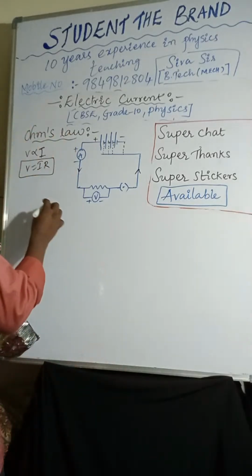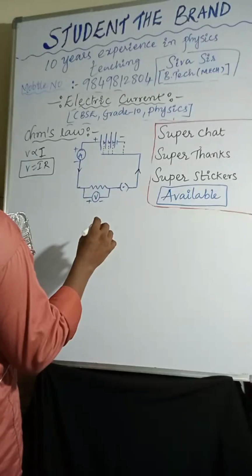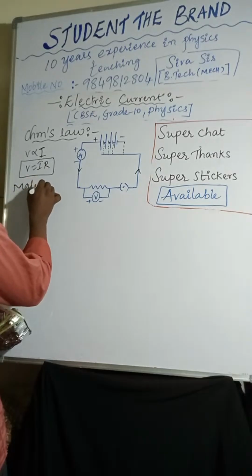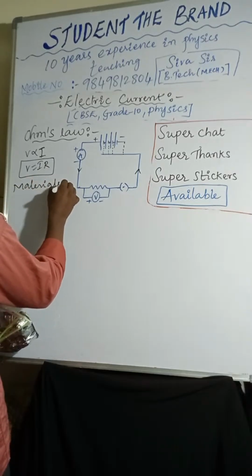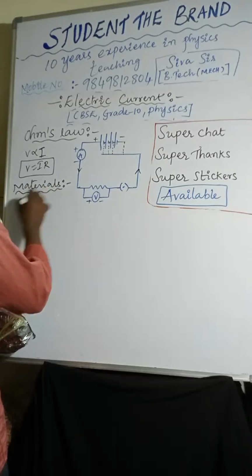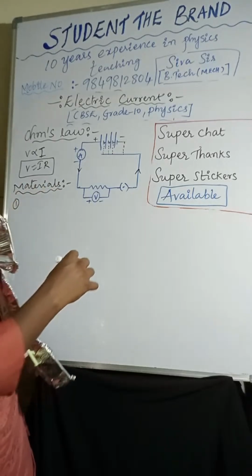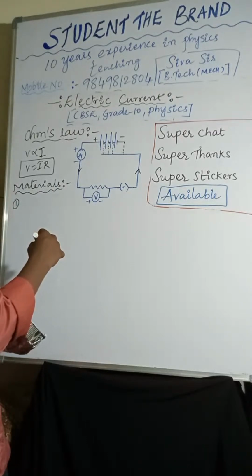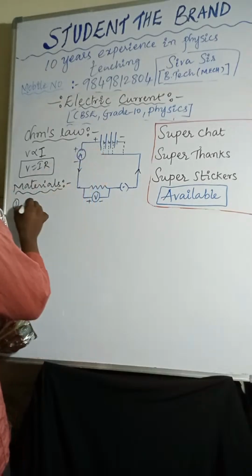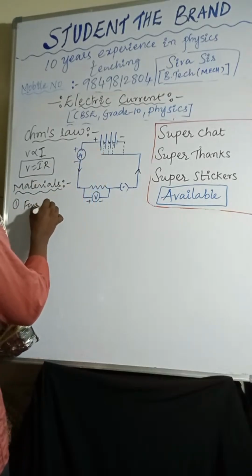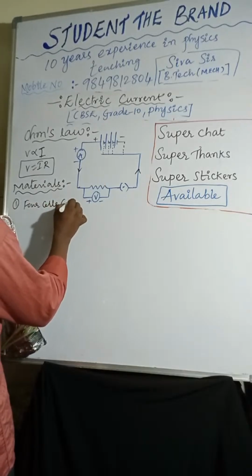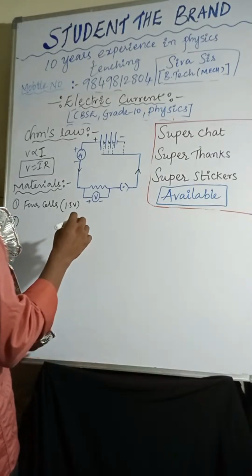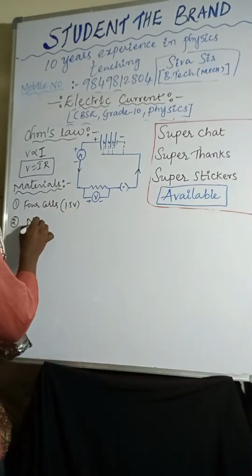One more thing we can say is the materials required. What are the materials required? The first one is four cells, 1.5 volts each, and nichrome wire.